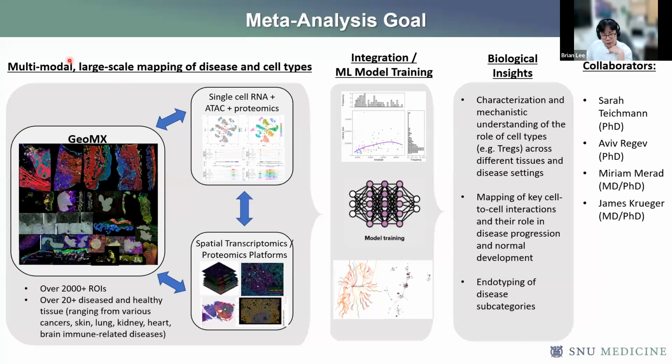And so the goal is to take all this data together, integrate it, and use machine learning to create a model training method to then be able to identify the role of these certain cell types across diseases, across tissues, and then importantly to map the key cell-to-cell interactions that are happening with these cell types and their role in disease progression and neural development, and then to proceed with actual endotyping of disease subcategories to get a better understanding of not just single disease progression, but the role of various cell types across various disease pathogenesis.